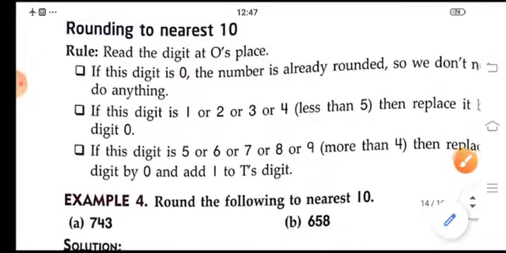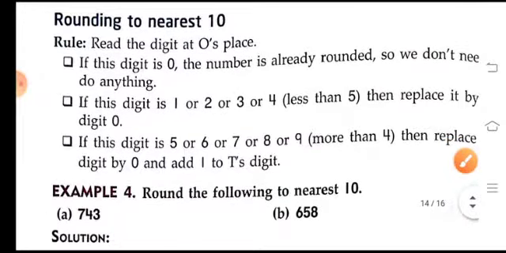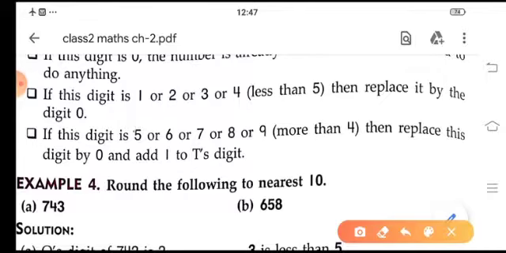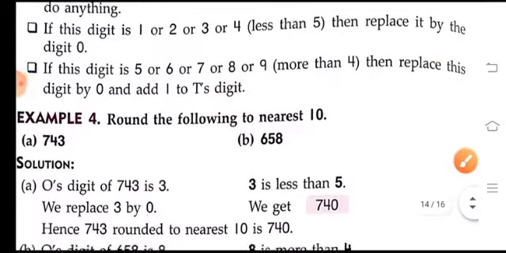If the digit at the ones place is 5, 6, 7, 8 or 9, then it is replaced by 0 and we add 1 to the tens digit. Okay, so let's do example number 1.